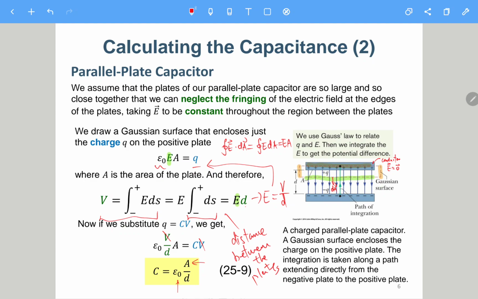Actually, at the end of this chapter, we will have a third method to get a larger capacitance, but we'll mention it later. So for a parallel plate capacitor, it only relates to the cross-section area and the distance between the plates.